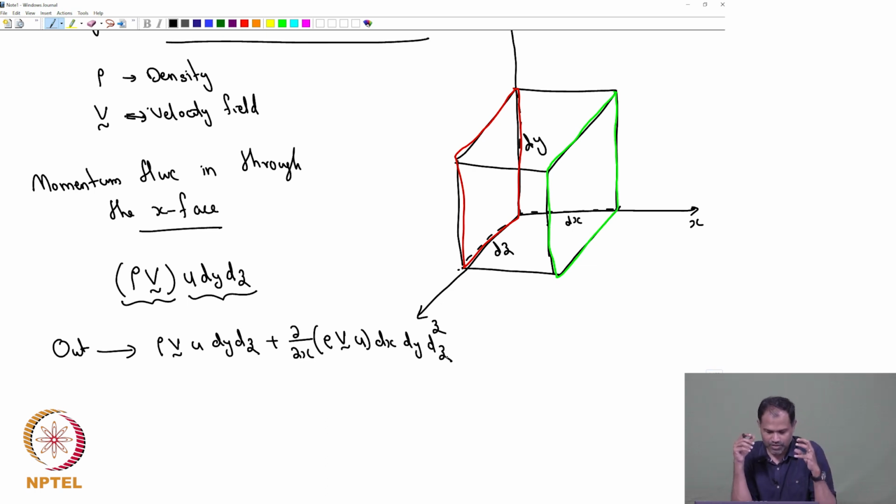So we are expanding about the first term and then writing down what is the momentum that is going out.